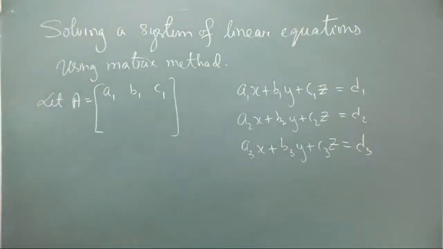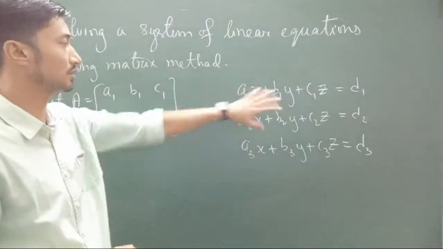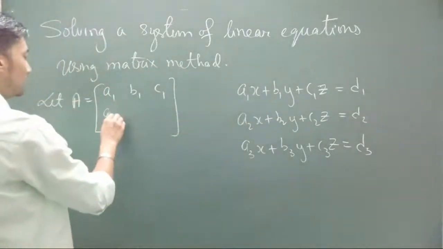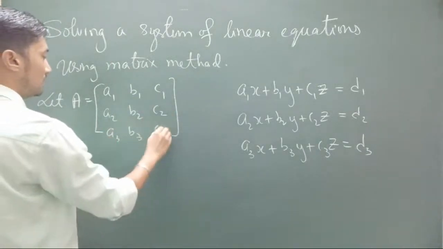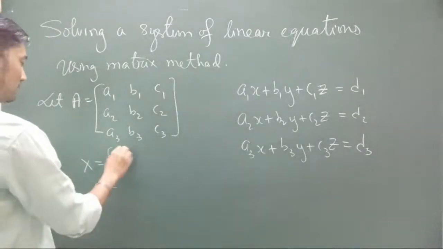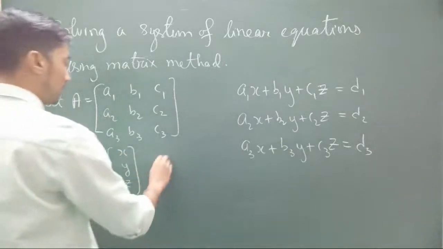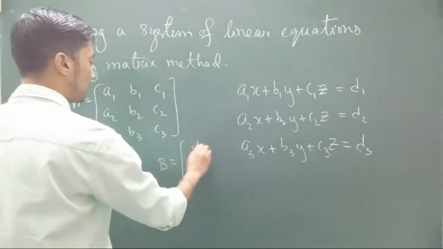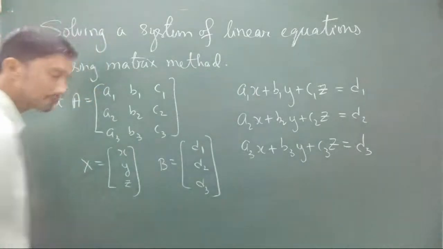Because with a pair of linear equations we have two variables, and we are talking of a set of three linear equations, so we talk of three variables. So A is the matrix of coefficients a1, b1, c1, a2, b2, c2, a3, b3, c3. X represents the matrix of the variables. B represents the matrix comprised of the constant terms d1, d2, d3.